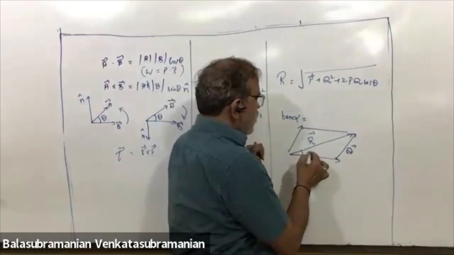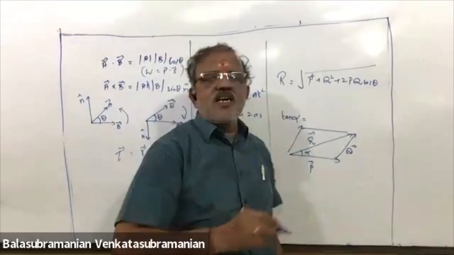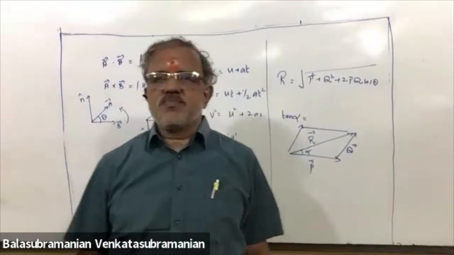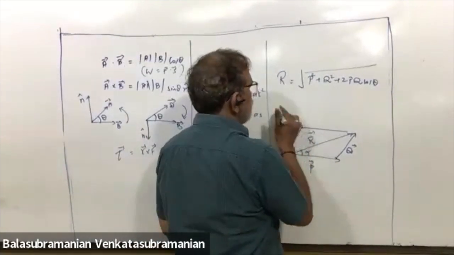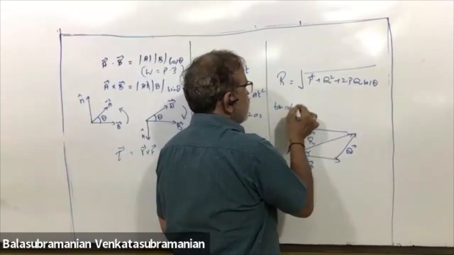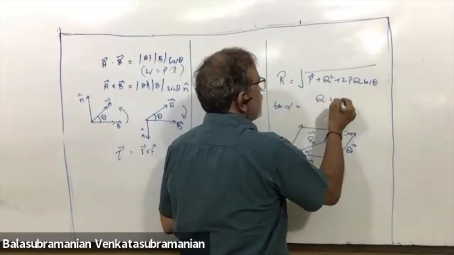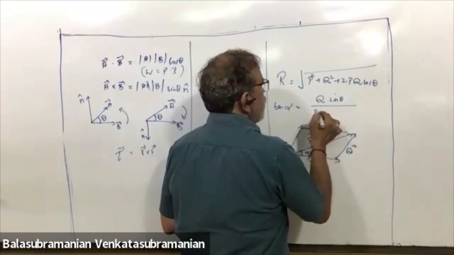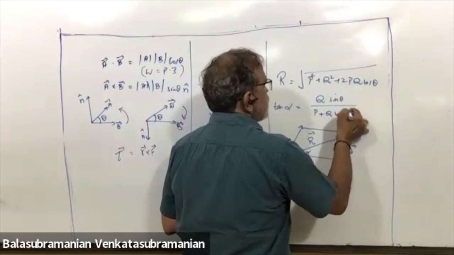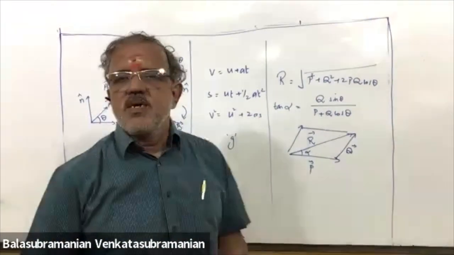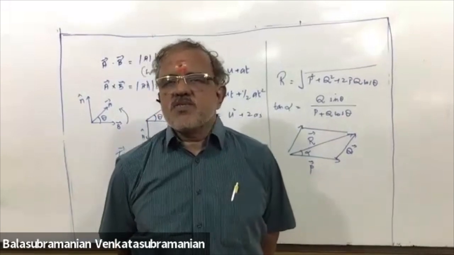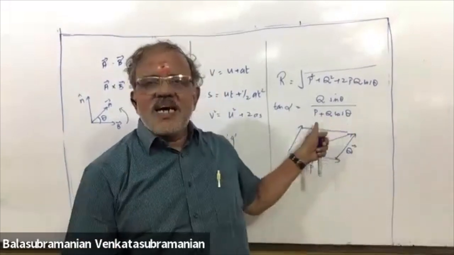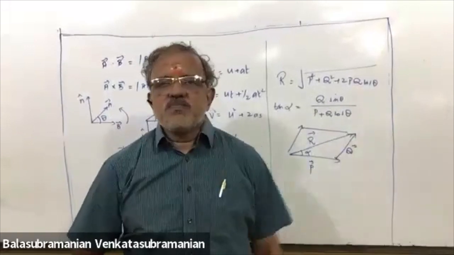Alpha is the angle between the resultant and the vector P. So tan alpha is equal to Q sin theta by P plus Q cos theta. This gives the resultant in the case of parallelogram law of vectors. Resultant direction means tan alpha.